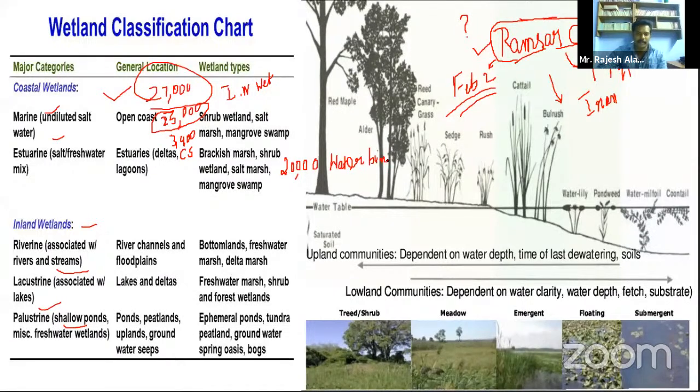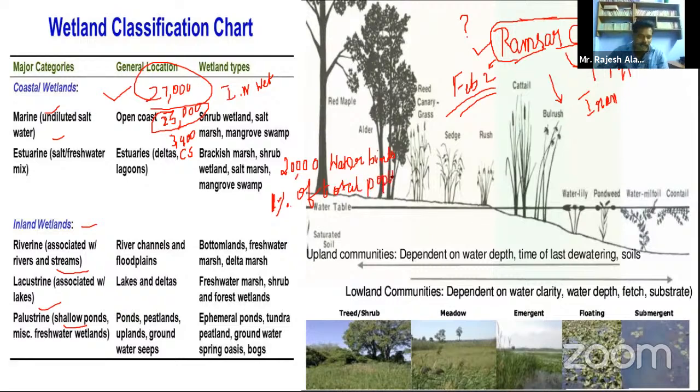This is one criterion. Or else, it has to regularly support 1% of individuals of any bird population. If I have 100% of a particular bird population, and the wetland is regularly supporting 1% of the total population, then also we can declare it as a Ramsar site.